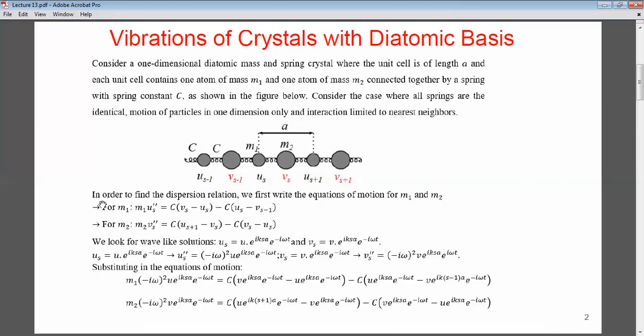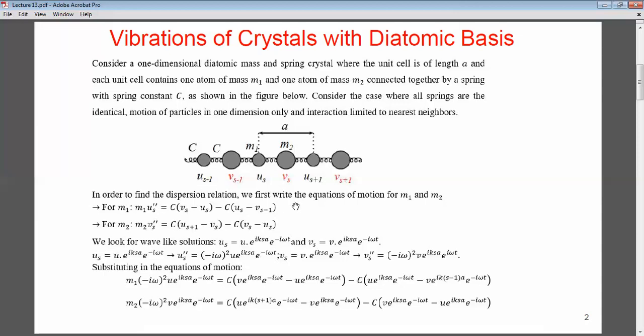Now, in order to write the equation, let's look at M1, for example. Applying Newton's second law, we will have M1 U_s'' equals C(V_s - U_s) - C(U_s - V_{s-1}). Just compare it to what we did in one dimension.